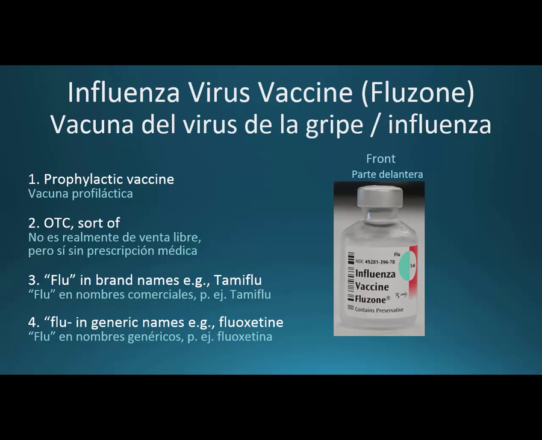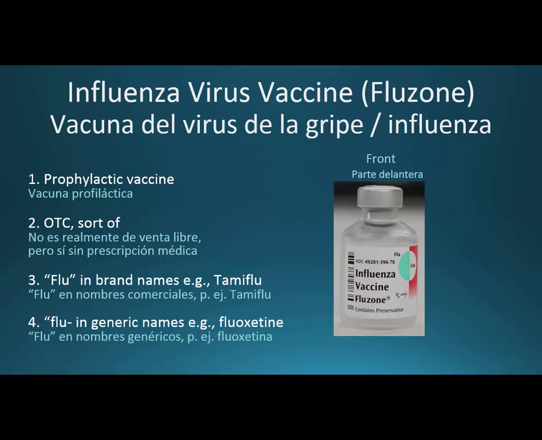So it's OTC, sort of. No es realmente de venta libre, pero sí sin prescripción médica. So what we're saying is, it's really not OTC, but it is non-prescription, certainly for most adults.